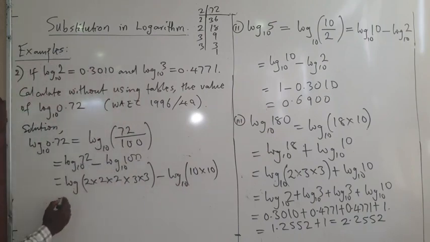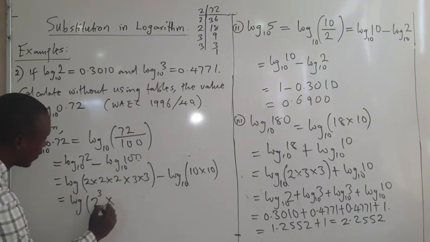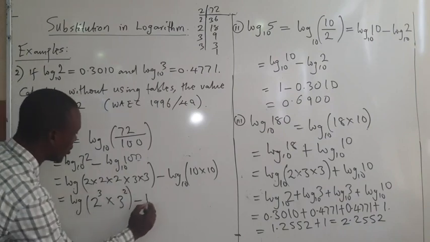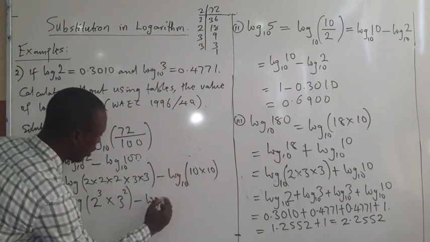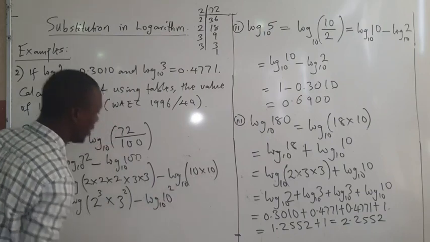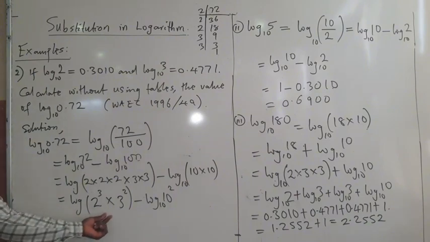Which is the same thing as log 2 times 2 times 2, which is 2 raised to power 3, multiplied by 3 times 3, which is 3 raised to power 2. Then minus log 10 times 10, which is the same thing as 10 raised to power 2 base 10. So the next thing to do is to use the multiplication law of logarithm.